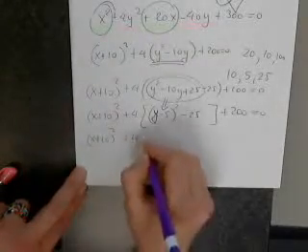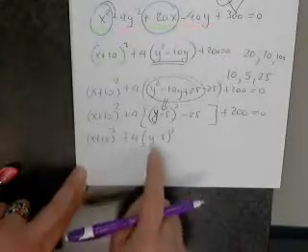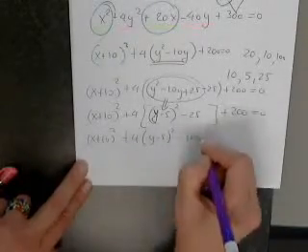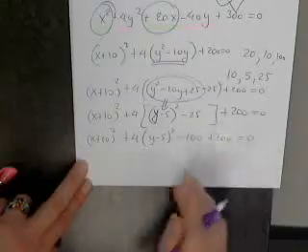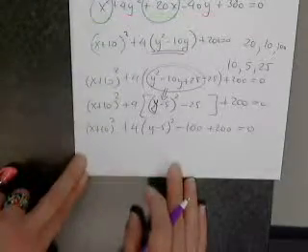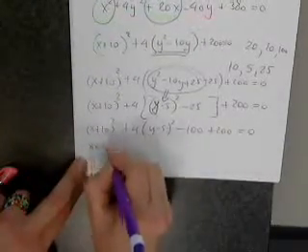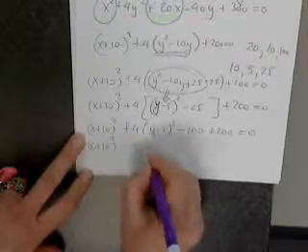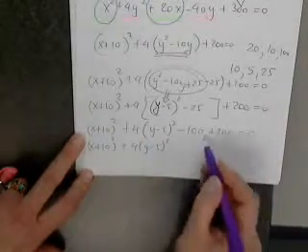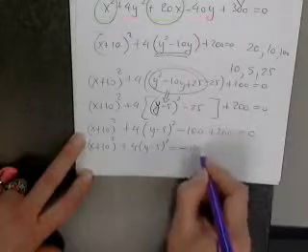Yes. Plus 4 outside. Carefully. Do not put it in. You cannot do that. Minus 100 plus 200 equals 0. And then I have (x plus 10) squared plus 4(y minus 5) squared. This is 100. When I move it to the other side, I get this.